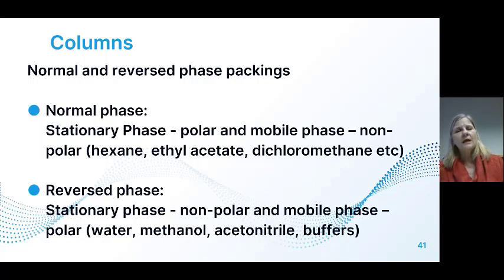And then you can start increasing the polarity of your mobile phase so that you can elute your more polar compounds. So your stationary phase would be polar and your mobile phase would be something like hexane and ethyl acetate, and then going to dichloromethane and chloroform, which would be more polar.